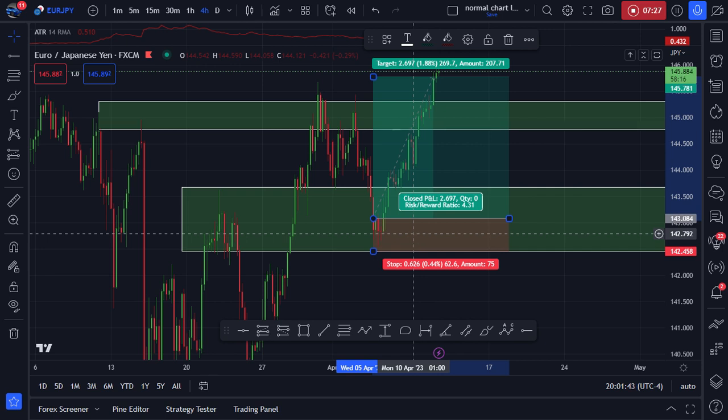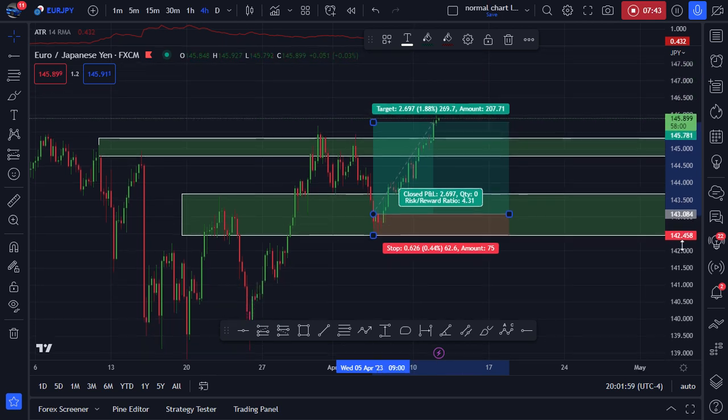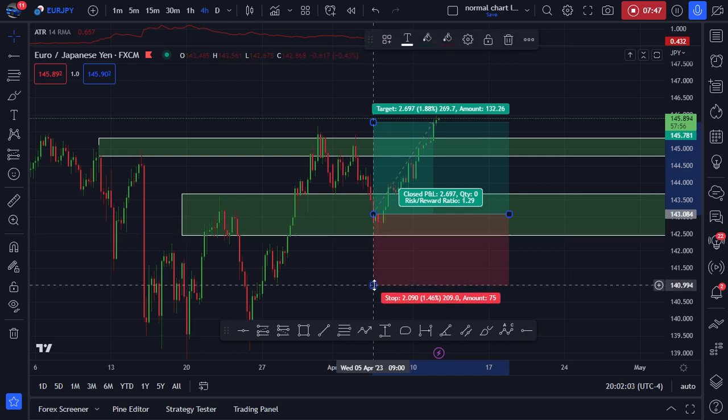It didn't consolidate and then go up. It just went up straight because the big banks had a lot of bullishness on euro, and there were a lot of people short on euro Japanese yen. That's why it just went up. Normally it consolidates and then it goes up.